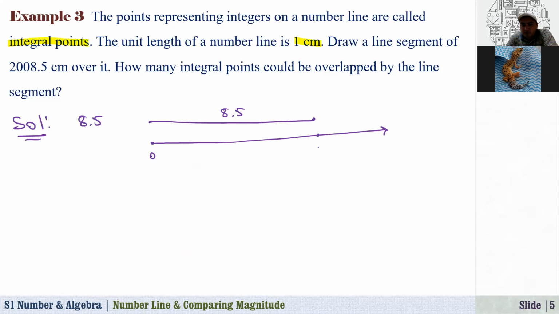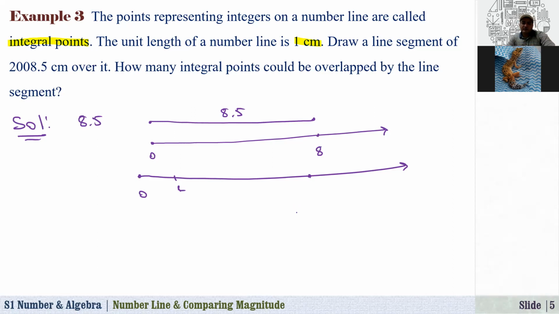Another way is to shift this a little bit, so the starting point is not overlapping 0. Maybe 0 is here, 1 is here, and 8.5 is somewhere here.